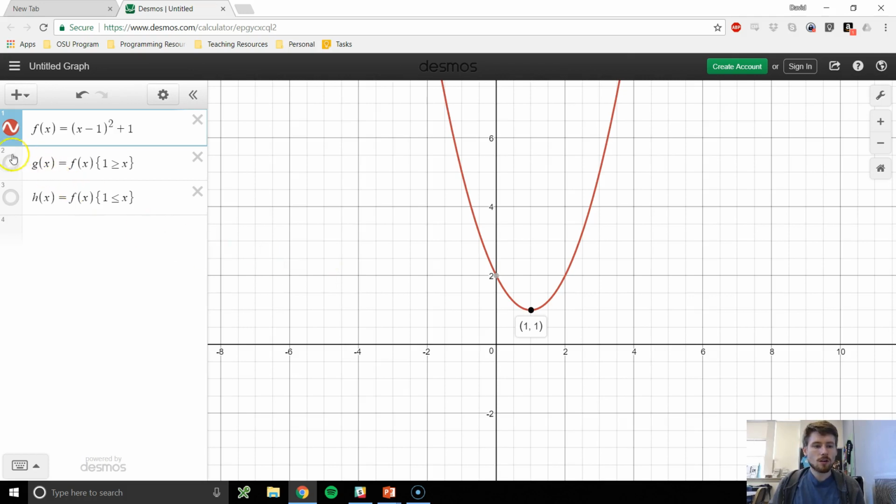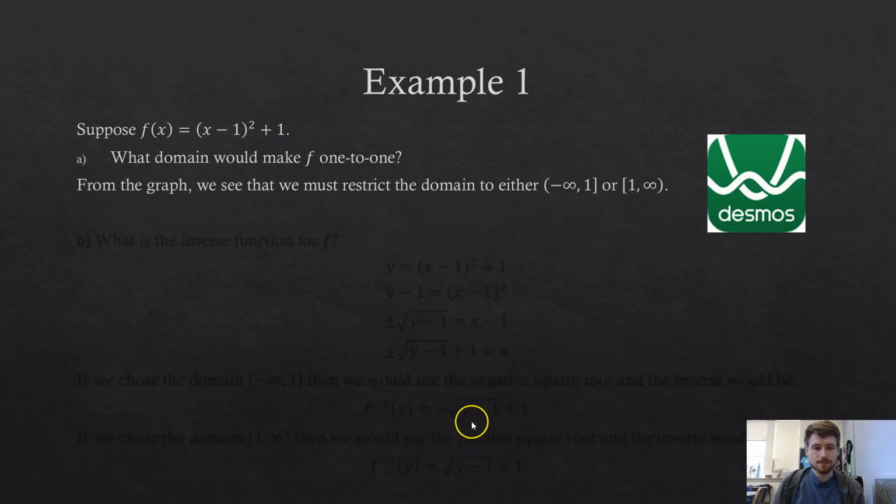So let's look at, if we were to take everything to the left, that means we want 1 and less. And if we were to take everything to the right, then we'd want 1 and more. And so either of those domains are going to give us a nice 1-to-1 function.